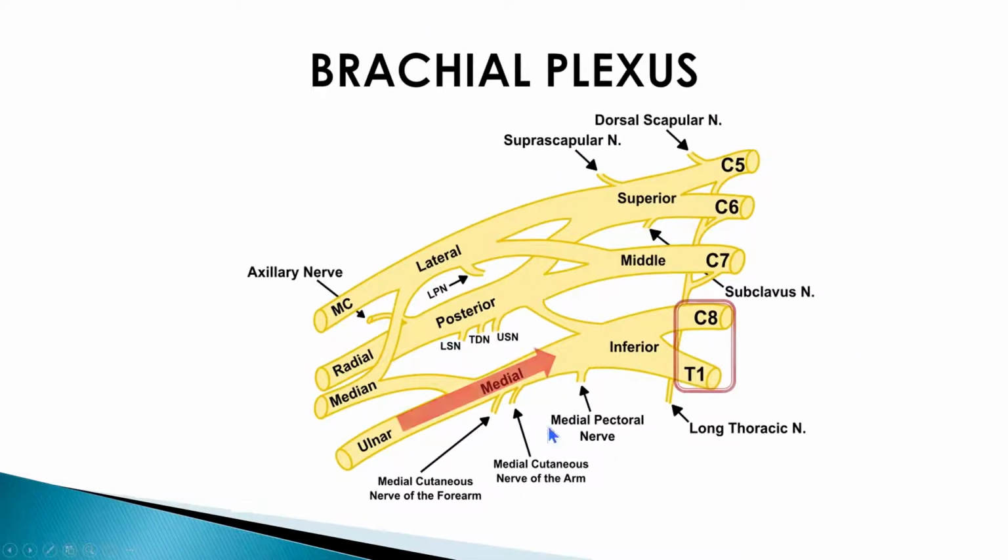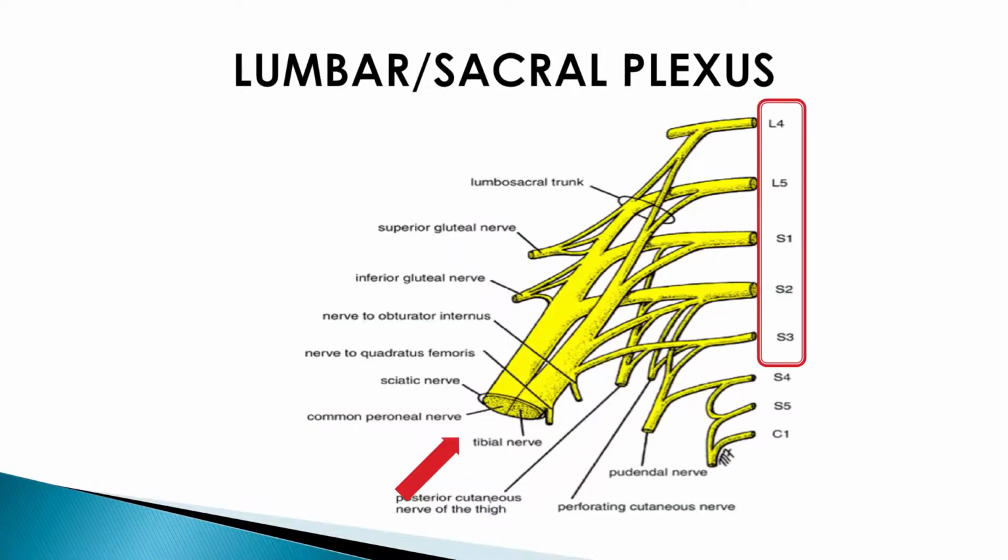If we're stimulating the ulnar nerve, it definitely enters lower in the cervical spine. Here's the lumbar plexus. If we're stimulating the posterior tibial nerve, here's where it enters into the lumbar spine. If we're stimulating the peroneal nerve, it enters a little bit higher into the lumbar spine.